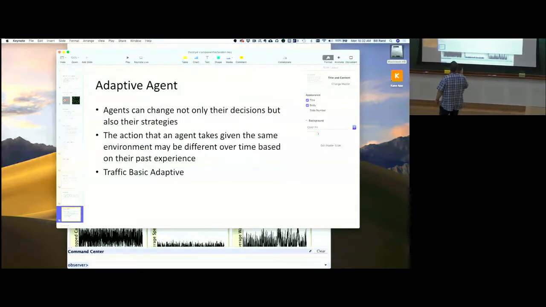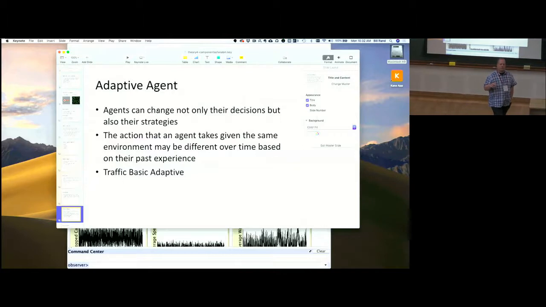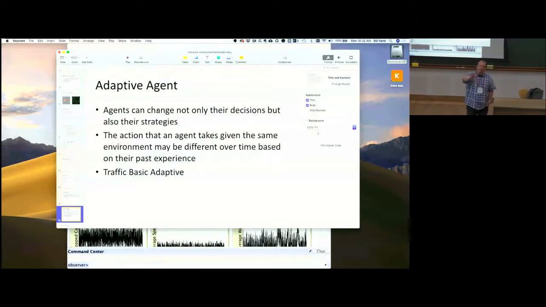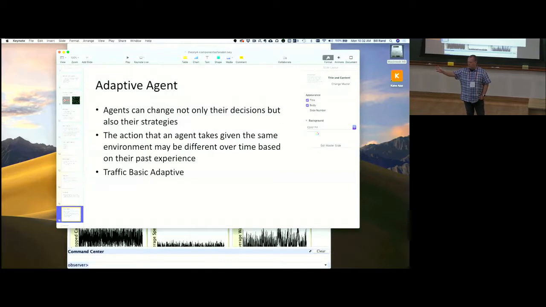Agents in an adaptive agent can change not only their decisions, but their strategies. And what do I mean by a strategy? I mean that if I take the micro state of the world at time t, and I take the micro state of the world at time t plus k, sometime in the future, right? The agent will deliberately take a different action at time t plus k versus time t because they have learned from their past experience, because they learned from time t at some point, right?